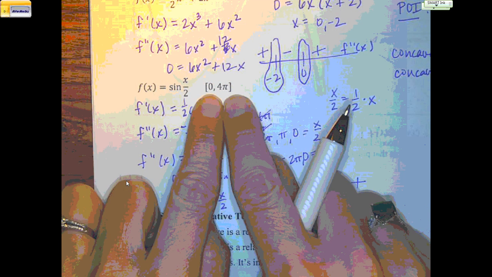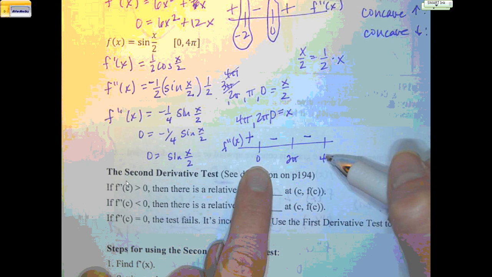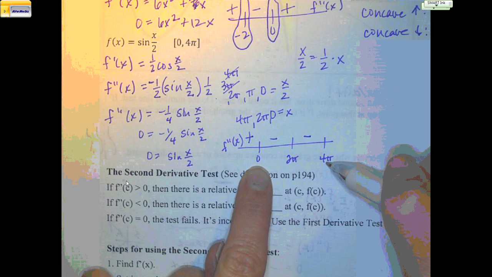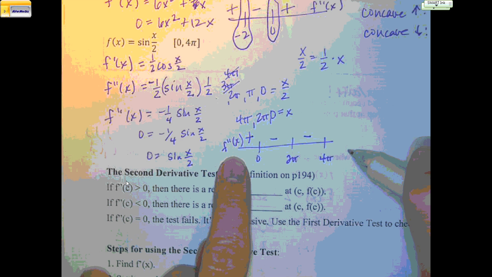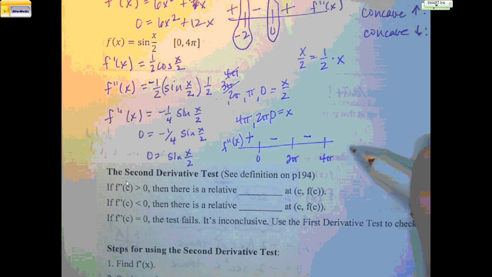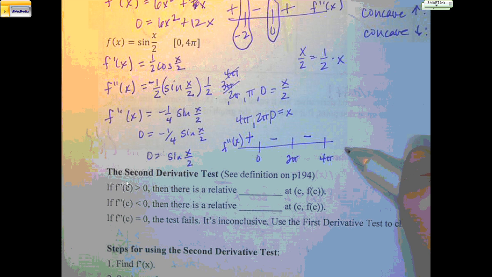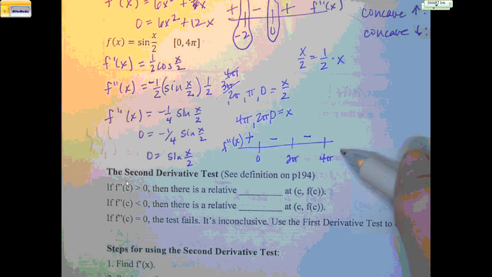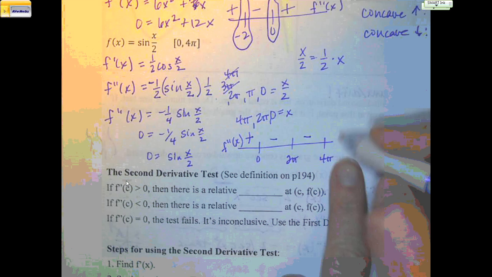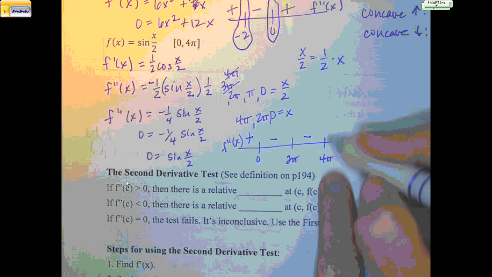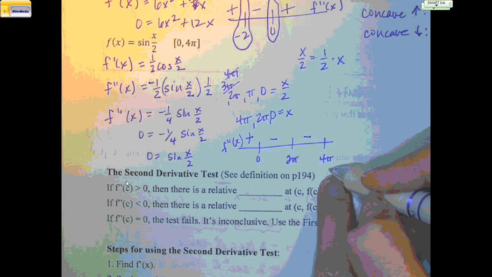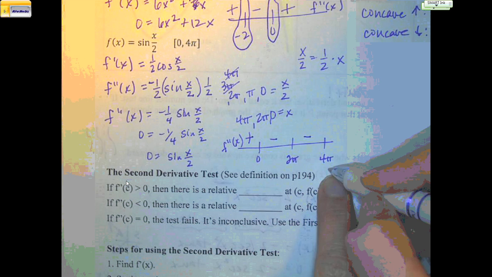So it's possible that 0 is a point of inflection or 4 pi is a point of inflection, and the only way you'd know that is if you tested the opposite sides. Okay? So if we put in 5 pi, what happens with 5 pi? But we still have to test it because I need to know if 4 pi is a point of inflection. Does that make sense?